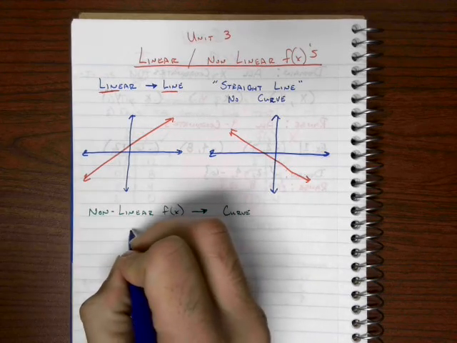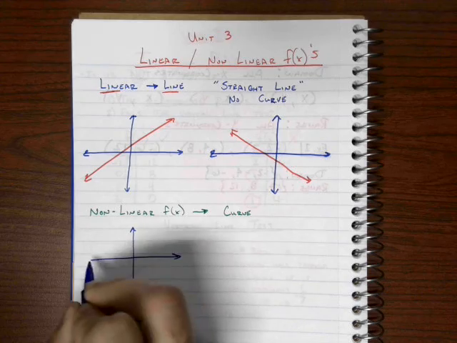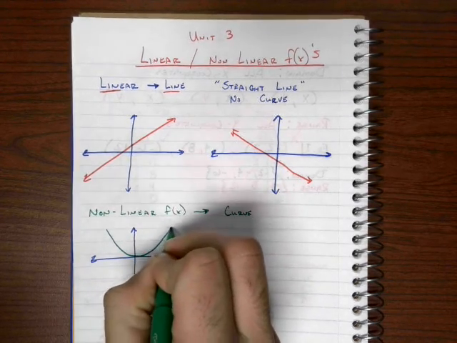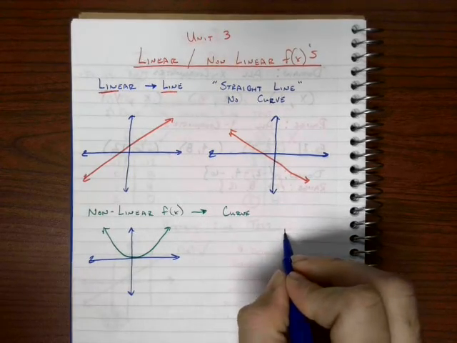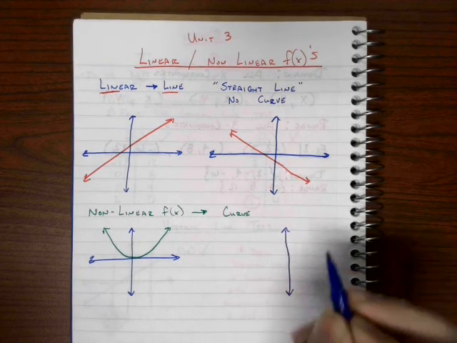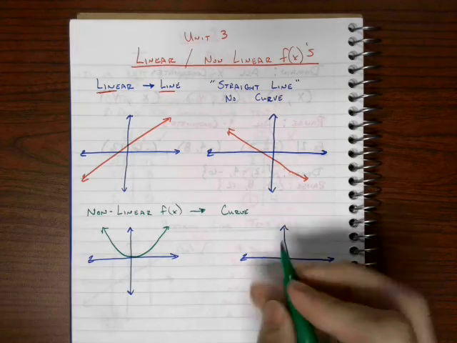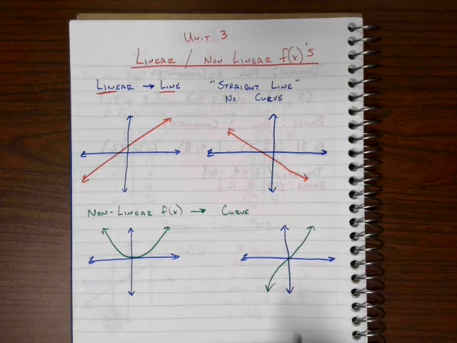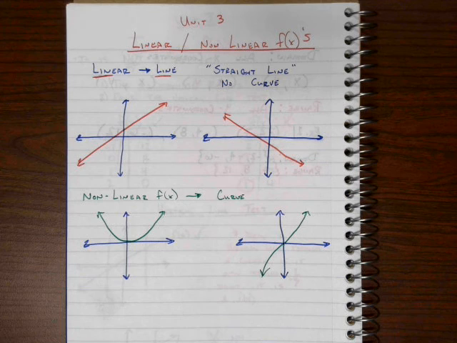So an example of this would be something like if I had a function like this, or you might have something that looks like this. Notice with these, they have curves. So that's a way to identify linear and nonlinear in a graphing form.